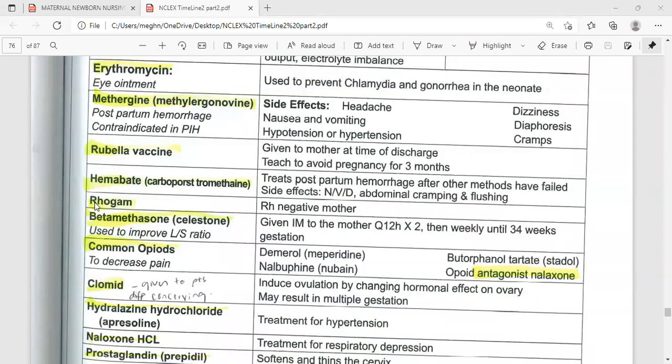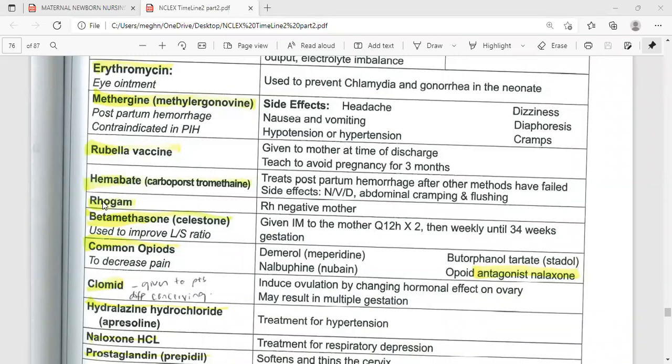Next drug is RhoGAM. What is RhoGAM? And when do we need to give it to the patient? RhoGAM is the injection used to treat Rh incompatibility during pregnancy.